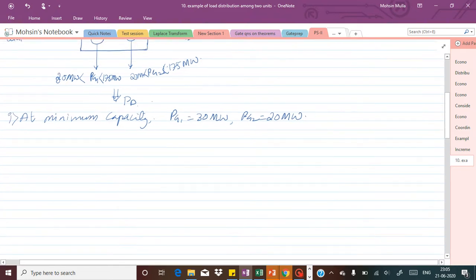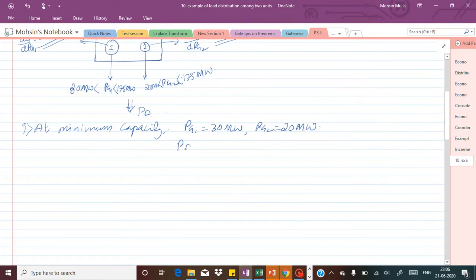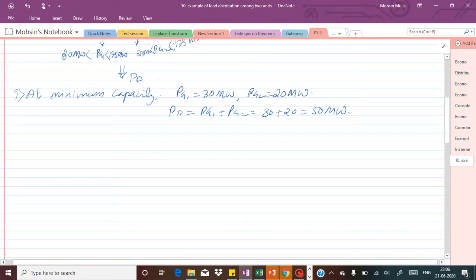Therefore the total demand that can be supplied by Pg1 plus Pg2 at minimum values is 30 plus 20 equal to 50 megawatt. So the minimum demand that can be applied on the load is 50 megawatt.